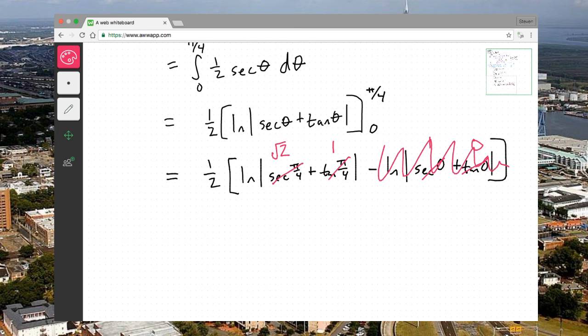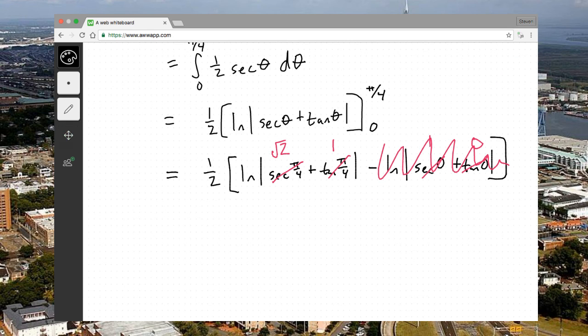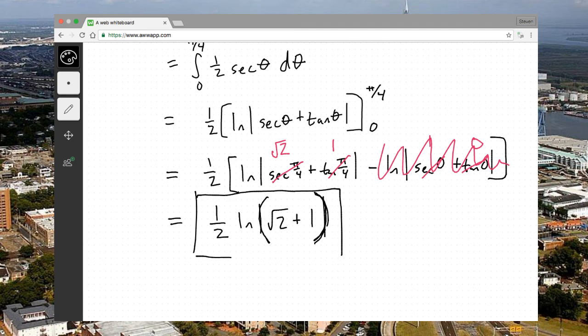So my final answer here, 1/2 natural log of square root of 2 plus 1, and you can drop off those absolute values because the square root of 2 plus 1 is positive. And that will not simplify any further, unfortunately, so that is my final answer.